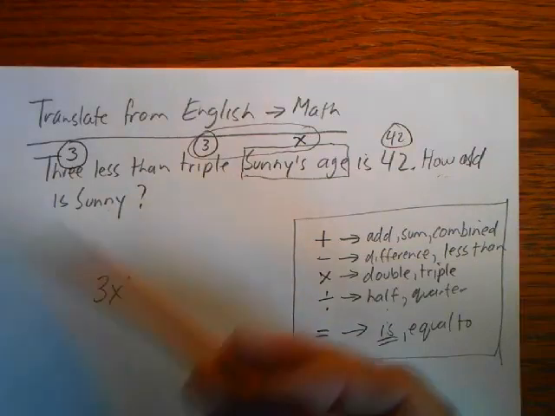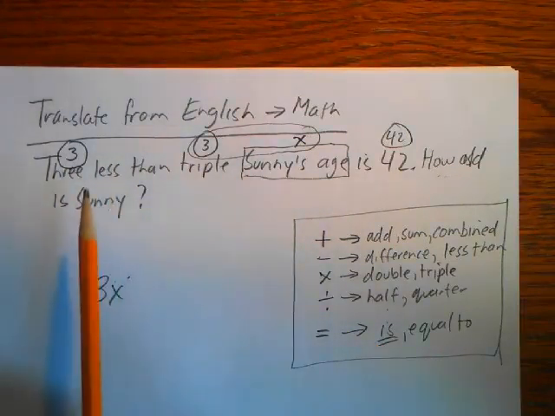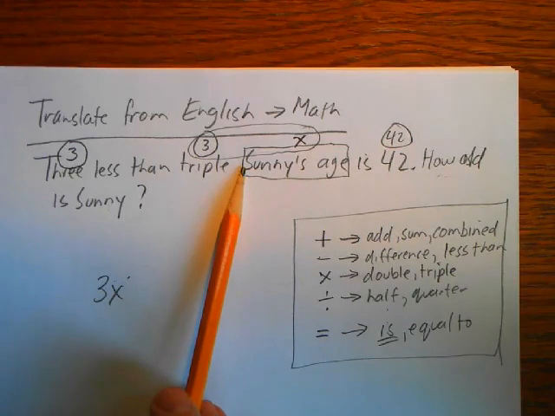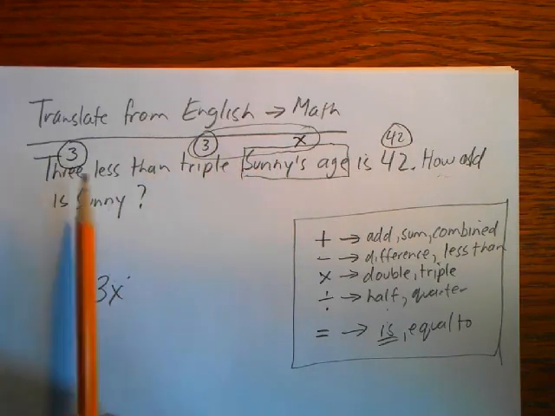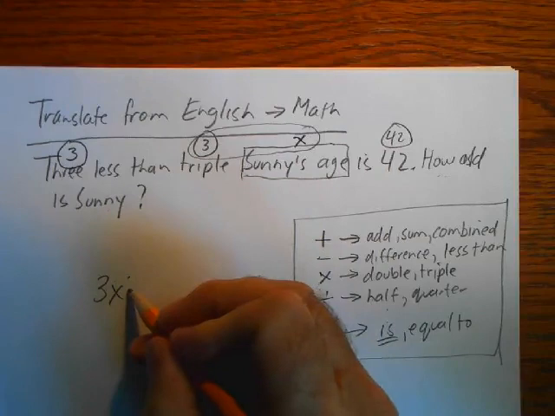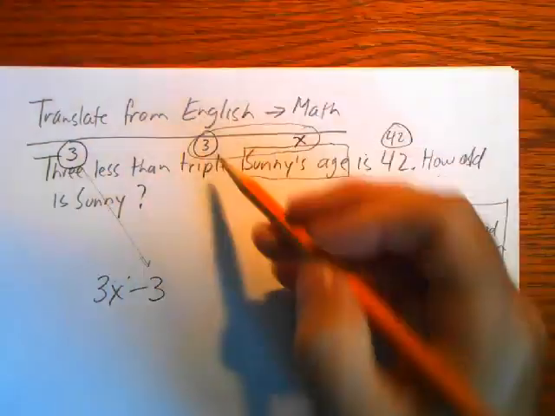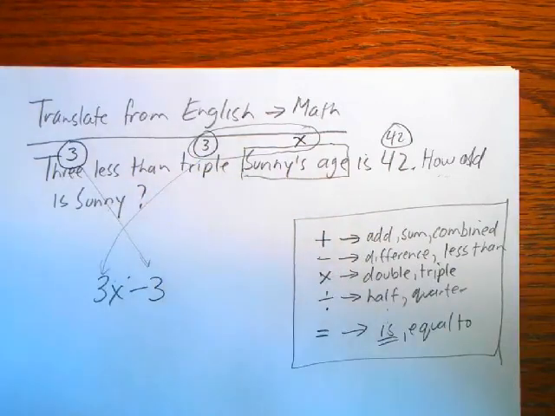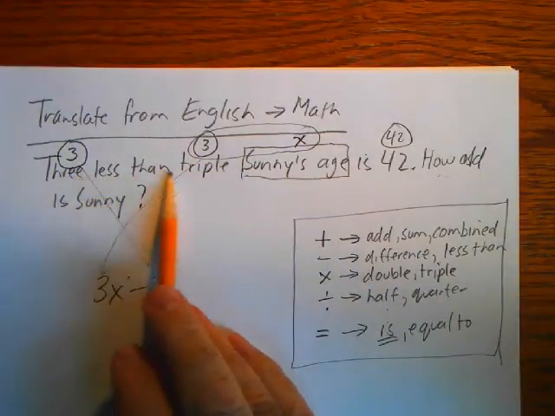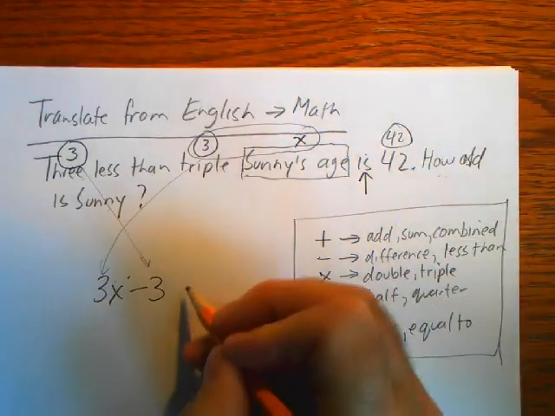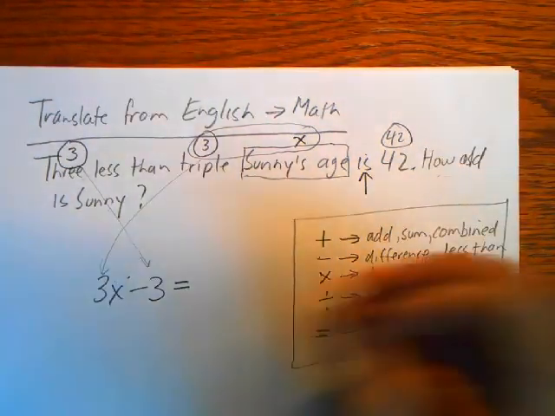You just try it out and then you can get it pretty quick. 3 less than this means we're taking this and we're subtracting 3. So that's where that 3 comes from. That 3x is there. And we've done everything up to here, and then that magical word "is" means equals, and then the number 42.